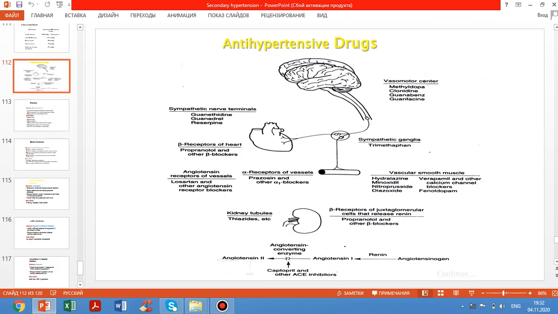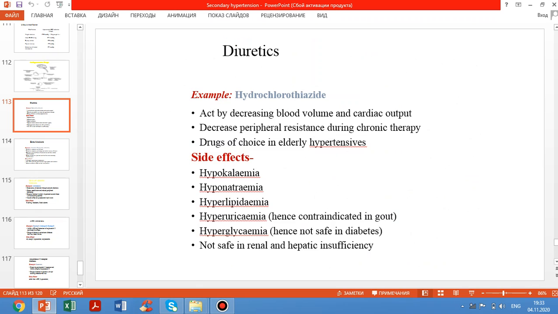In this slide, you can see antihypertensive drugs. For example, sympathetic nerve terminal drugs, vasomotor center drugs, beta receptors of heart drugs, sympathetic ganglion drugs, and so on. Diuretics.